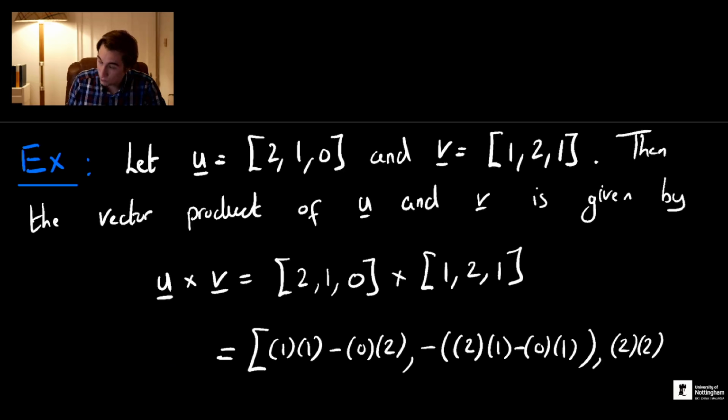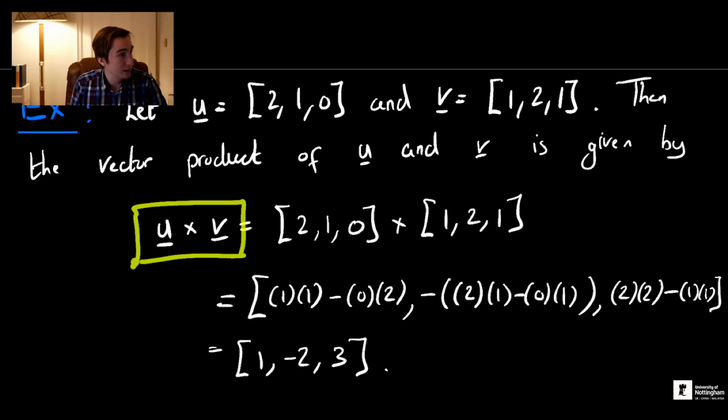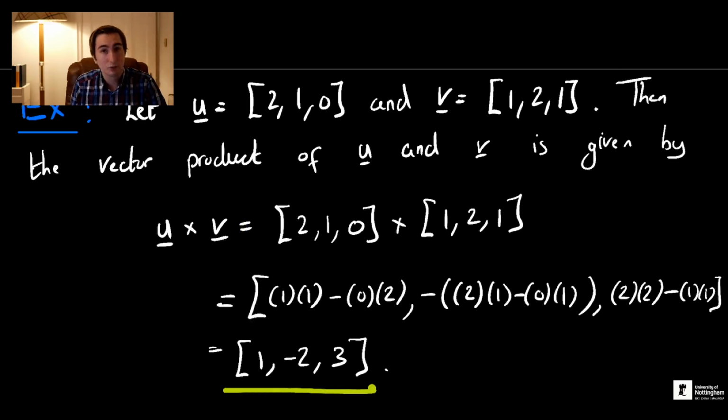Plus 2 times 2 minus 1 times 1. Close our bracket. And we simplify all those down, and you get 1, minus 2, 3. So using that formula above, we can deduce what the vector product of these two vectors in R3 is, assuming a right-handed orientation, because the formula above assumes a right-handed orientation, and that is going to equal this thing here.